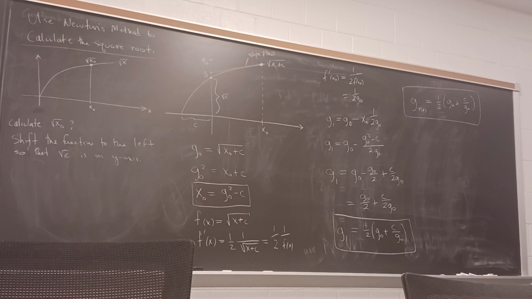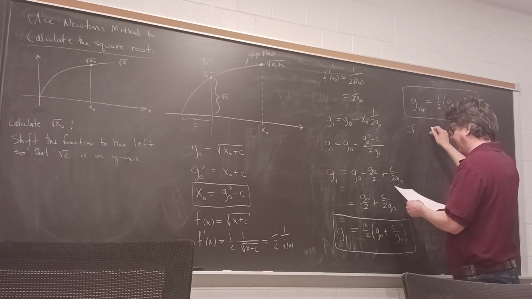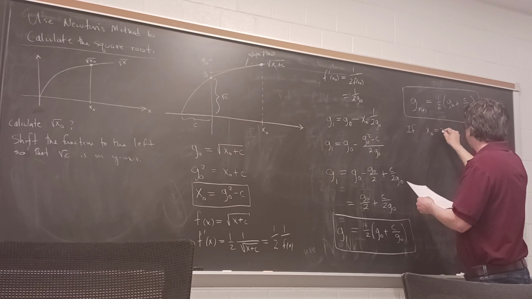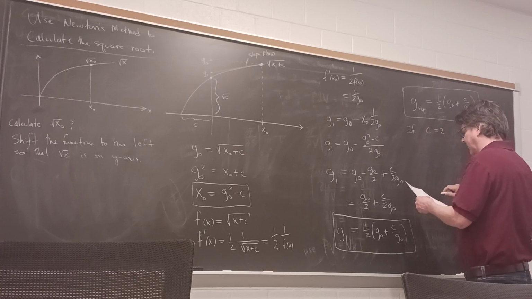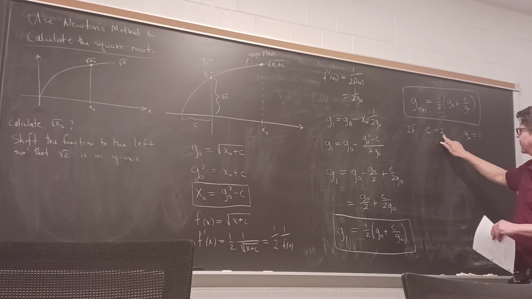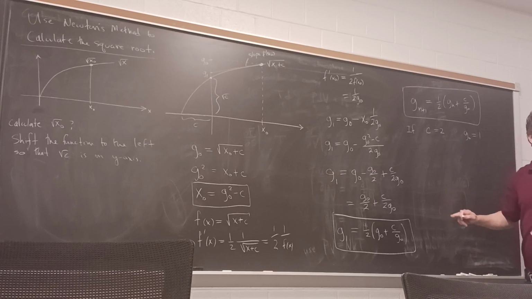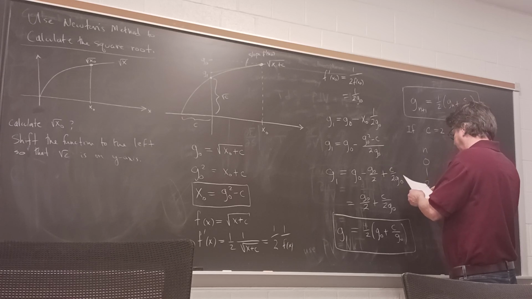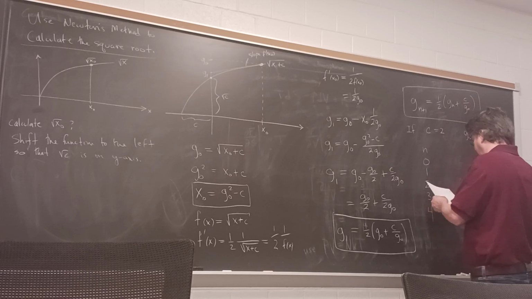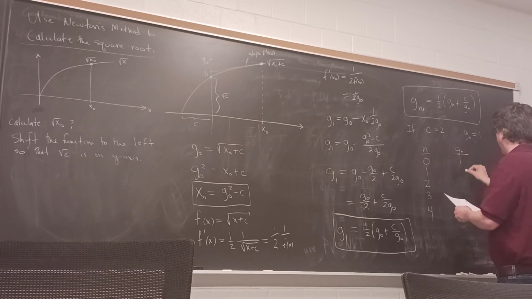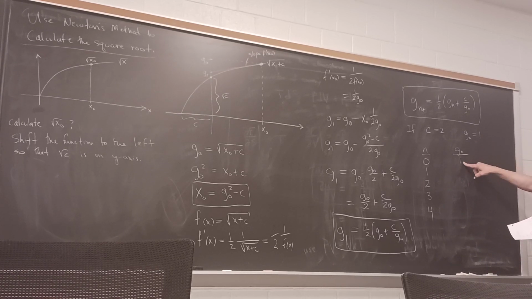Let's see an example here. Let's take c equals 2, and G0 equals 1. We're trying to find the square root of 2, and we put in G0 equals 1. Let's write down the iterations: 0, 1, 2, 3, 4. This is 1, so that's my initial guess.